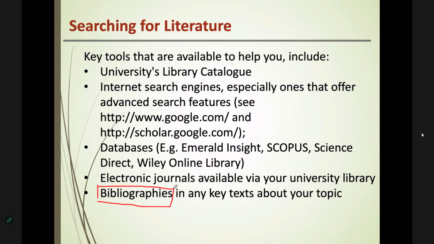What you need to do is go to the list of bibliography or list of references at the end of that journal. That list will give you, say, one journal is written based on 20 other journals. Then you have already 20 papers identified for your topic.